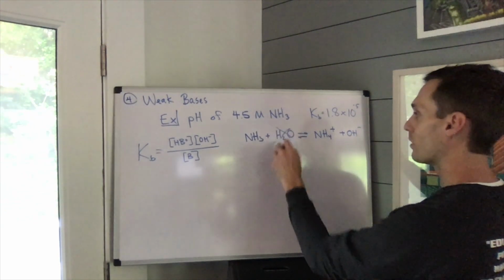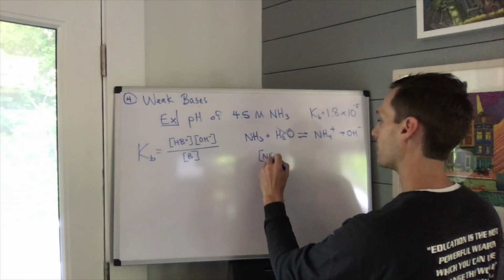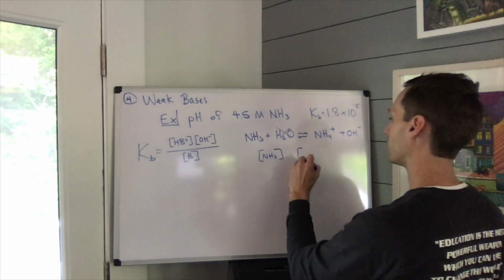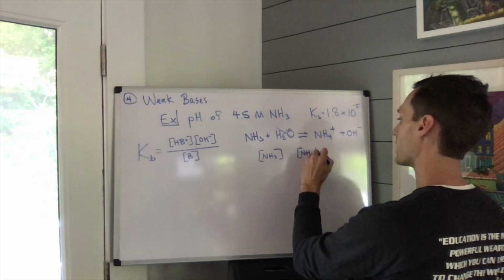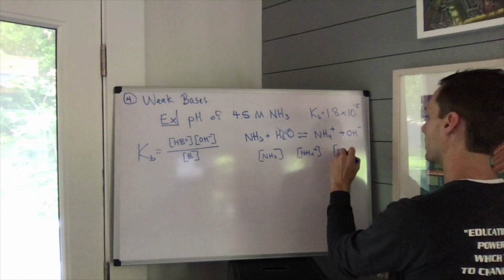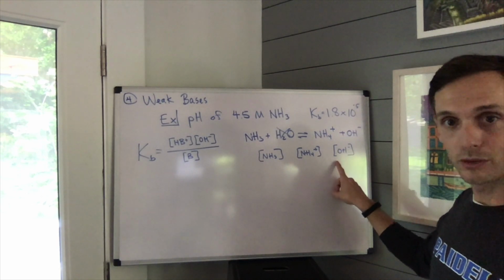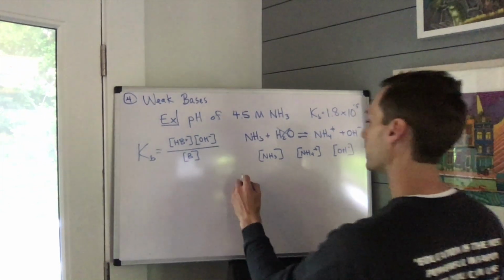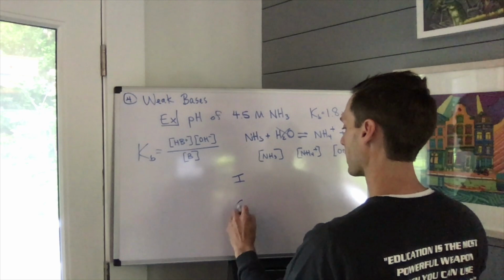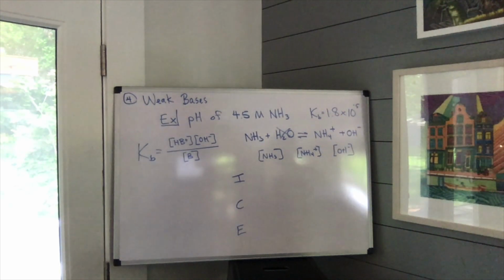We don't need water in there, so we'll have the molarity of NH3, the molarity of our conjugate acid, NH4 plus, that's just the ammonium ion, and our OH minus. And this is what we really want to get at equilibrium because that will put us on our pH square. ICE, I for initial, C for change, E for at equilibrium.